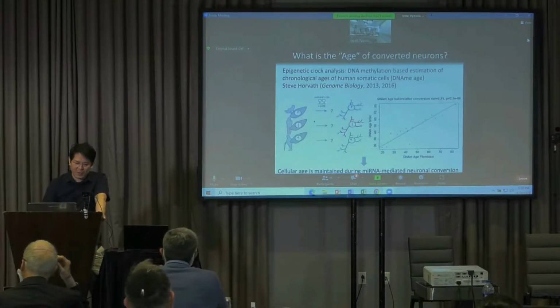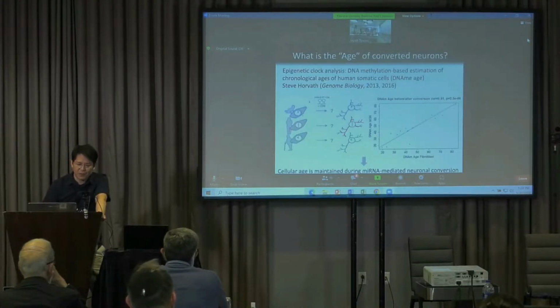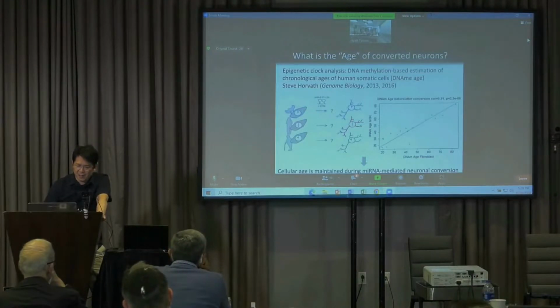This is one example using Steve Horvath's DNA methylation-based epigenetic clock. If we measure the clock before and after neuronal conversion, coming from different individuals of different ages, we can tell that the age clock stays consistent.